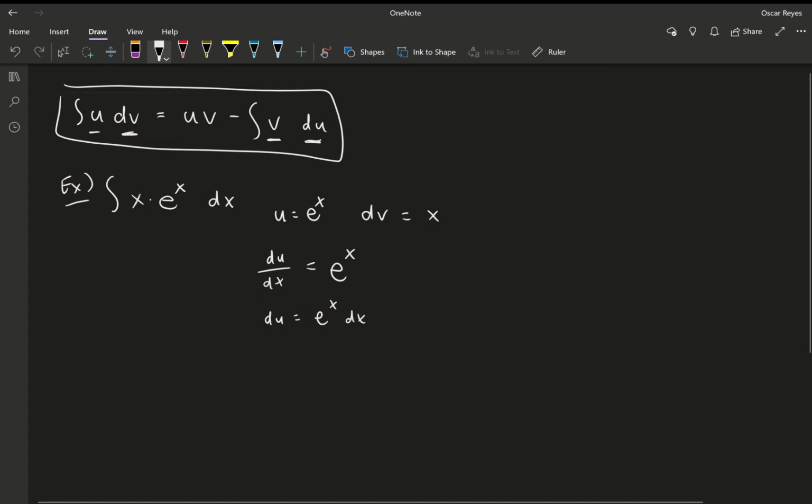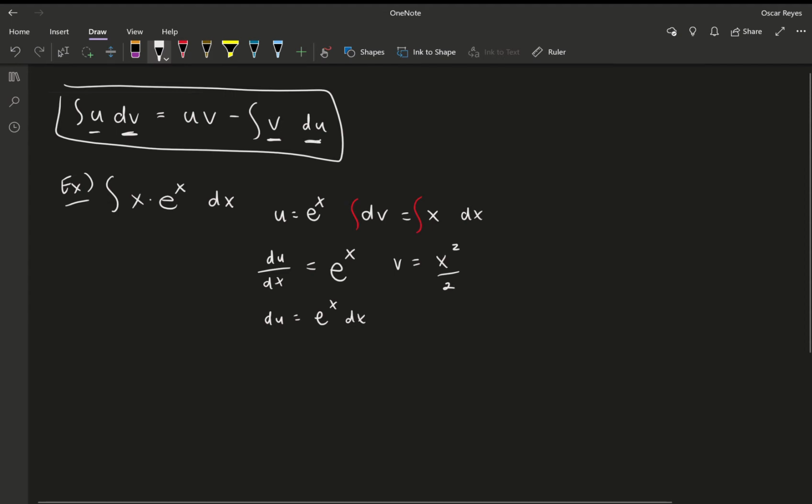Now for dv, we take the integral of both sides. When we take the integral of both sides, there's a dx on this side, because that's what's left over from our original equation, we have a v on this side, and we have x squared over 2.